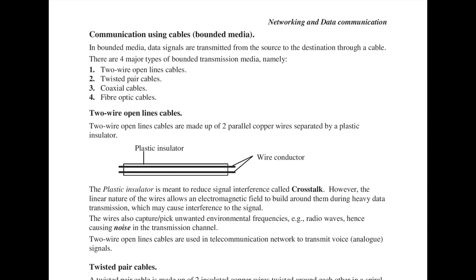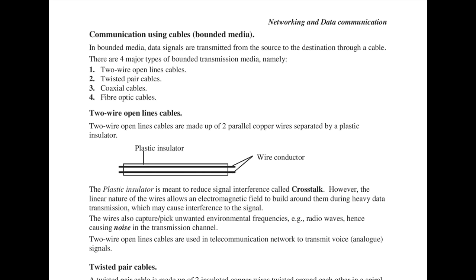We have 4 major types of cables. You can use fiber optic cables, coaxial cables, twisted pair cables, and 2-wire open lines. Right now, when you talk about 2-wire open lines, from this diagram here, you can see that this is a wire whereby the starting point and the end point are open.